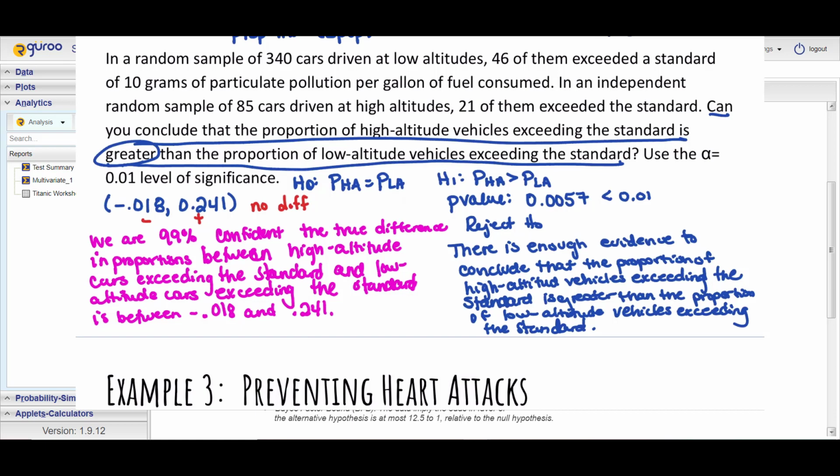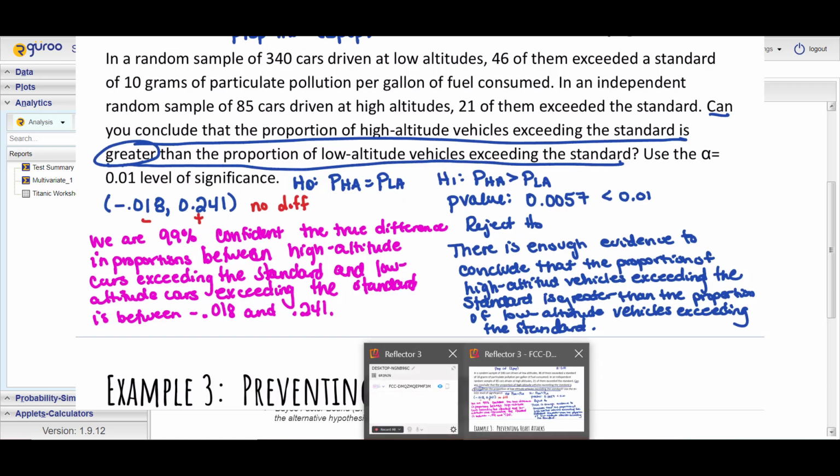So it's interesting to see that the confidence interval doesn't agree. Let's make sure I wrote down the confidence interval correctly.